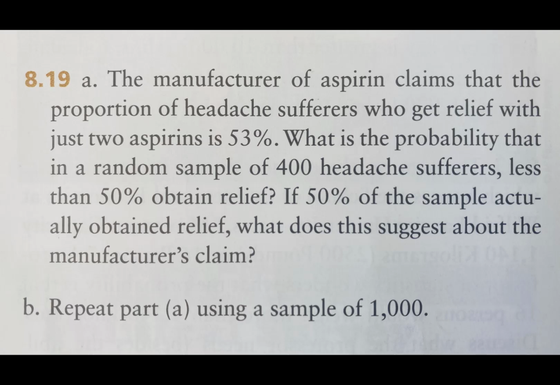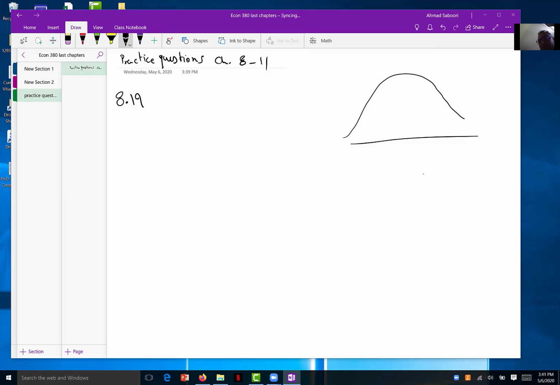I highly recommend to start each question by making a drawing that shows the situation and the problem that we are looking to solve. What is the guy claiming? The guy claims that 53% get rid of their headache after 2 aspirins.